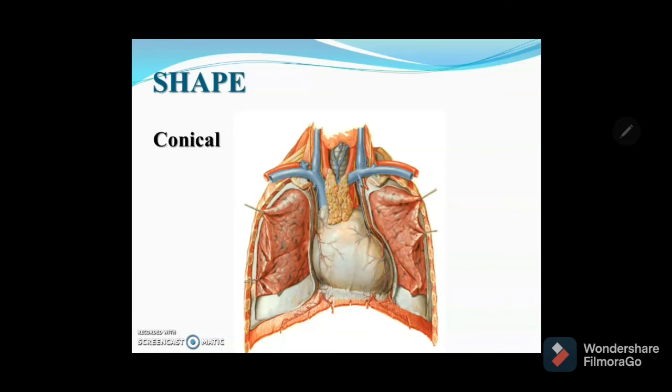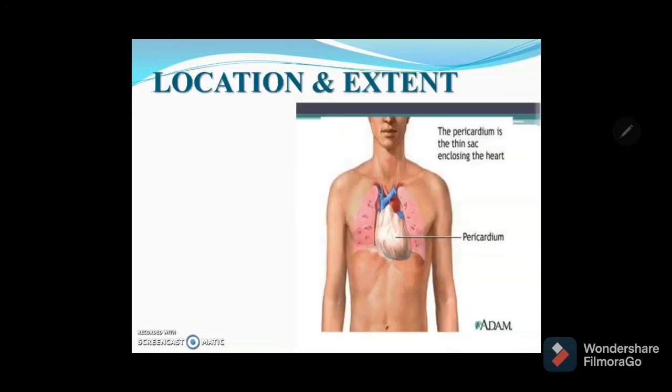The base is wider here and it narrows towards the roots of great blood vessels. So it is conical with the apex upwards. This is the shape of the pericardium.